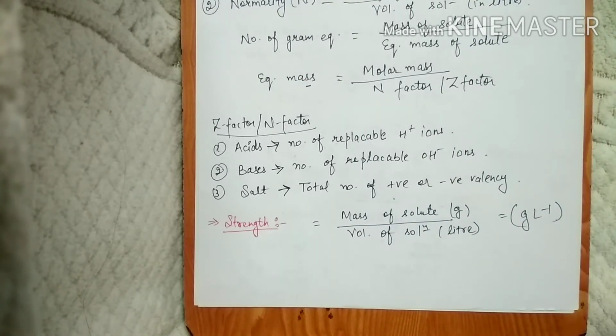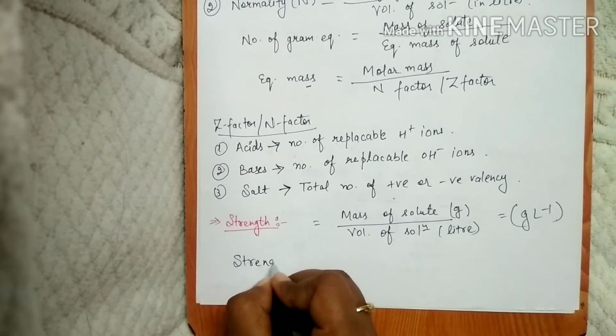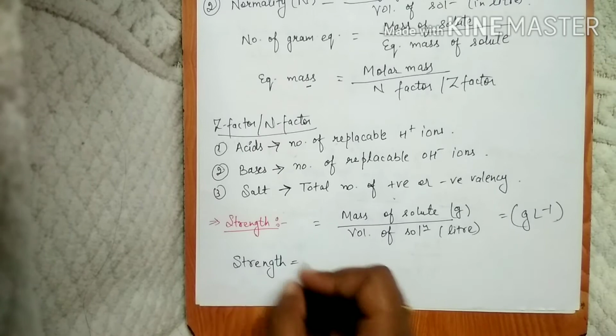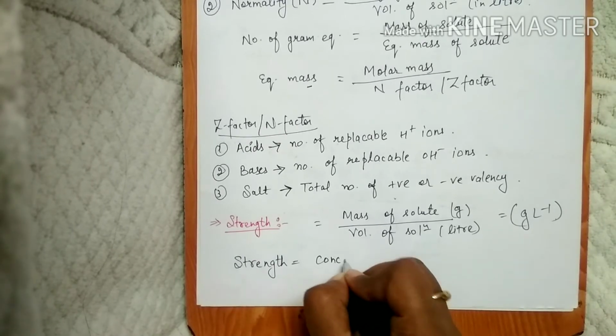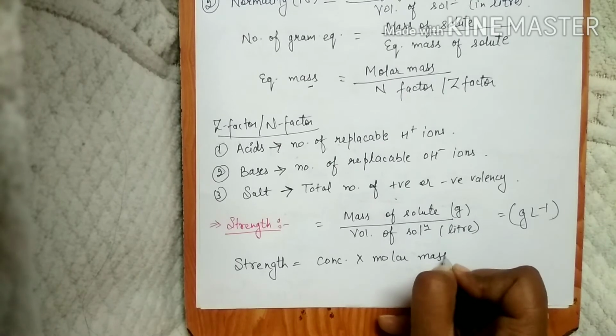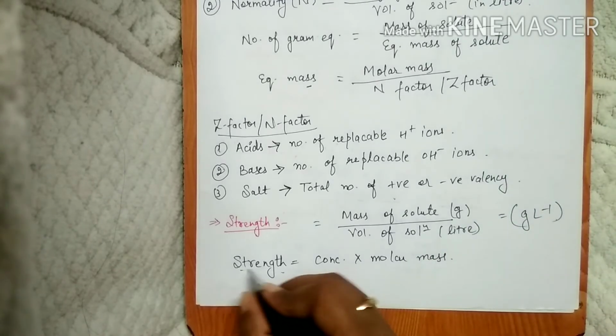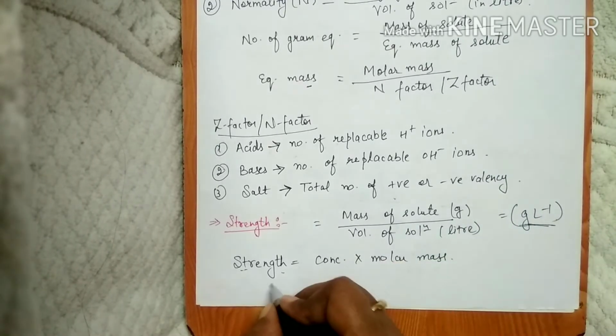Okay. There is one more formula which we use in our practicals a lot, which is strength is equal to concentration into molar mass. Now how this formula is derived, we can see using the units. The unit of strength is gram per liter.